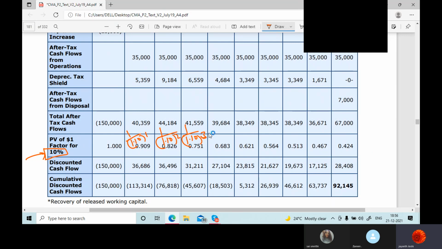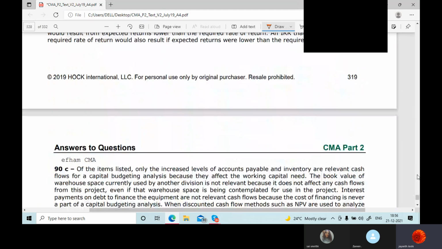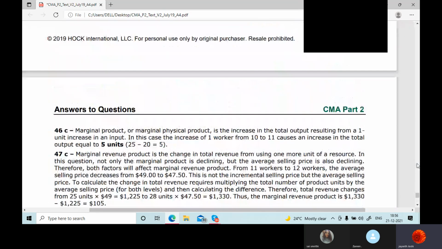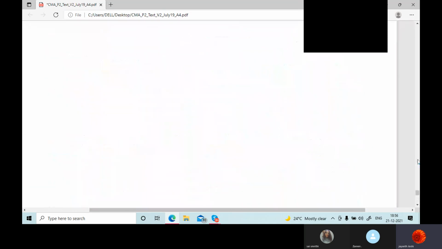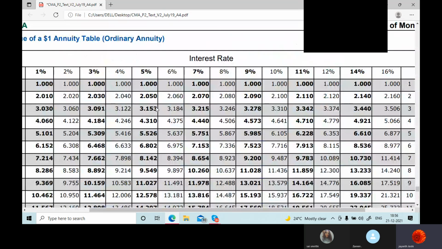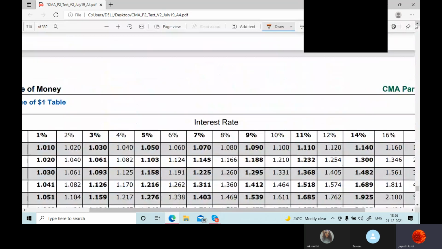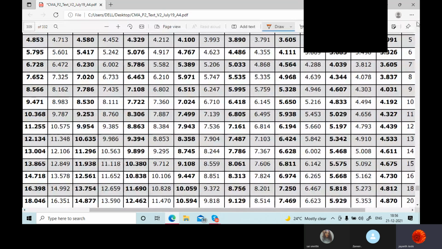If you are not interested in doing this kind of calculation, there is a table given for your remedy. You can go to the last page and check the present value tables. Hopefully they may have given the tables here. They may use some terminologies like annuity and all, so I will explain that tomorrow.